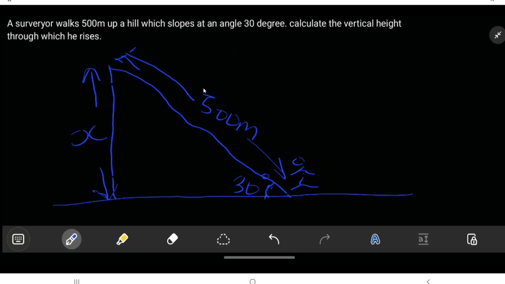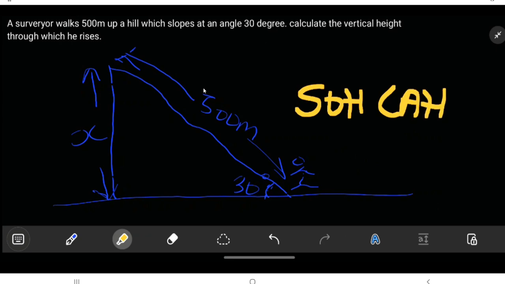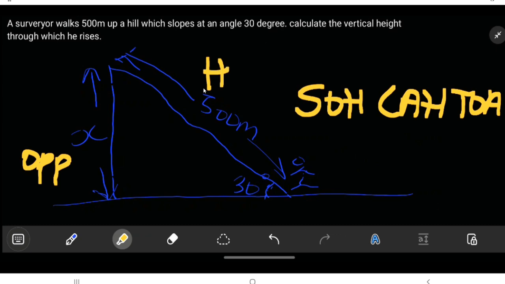Okay, let's go further. We'll use our formula again. This is our opposite, this is our hypotenuse, which always remains the longest part of a triangle, and here is our adjacent.